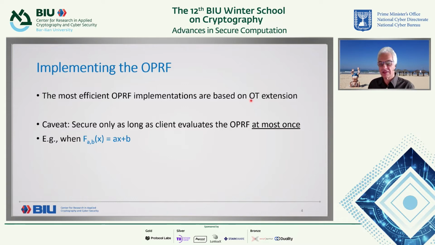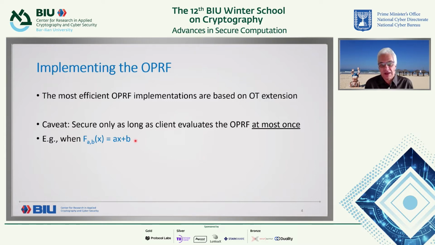The caveat is that they are secure as long as we compute them at most once, as long as the party which doesn't have the key learns only a single output. So you can think about a function like this. It might not be this specific function, and the keys are A and B. If you learn A times X plus B, it looks random. If you learn two values, then you can start computing the output on other inputs. So it's going to be very efficient, but you can only compute the function once.